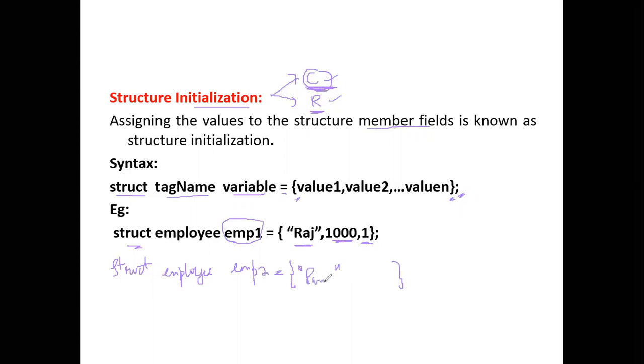I'm writing Rani. Salary, let me take it as 2000, and employee ID 21, and terminate with a semicolon. This is initializing the values for another structure variable, m2. So this is compile time initialization.